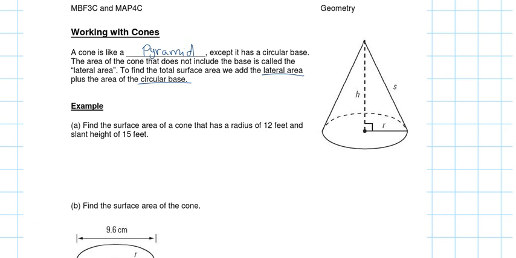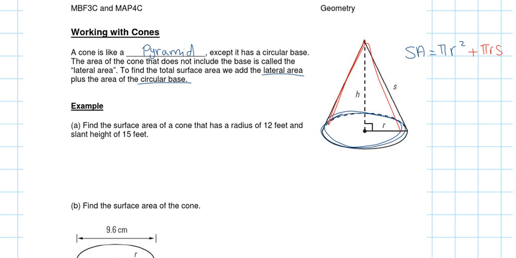So we have surface area equals pi r squared, which is the area of the circle, and with it you have pi rs, which is the surface area of the lateral shape.